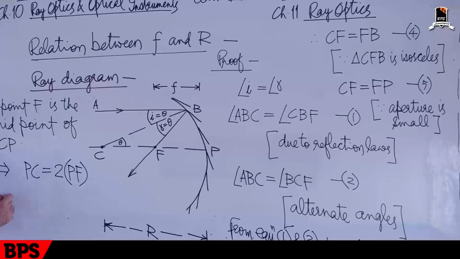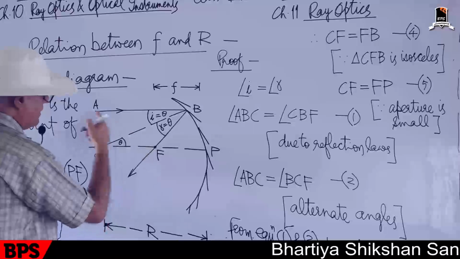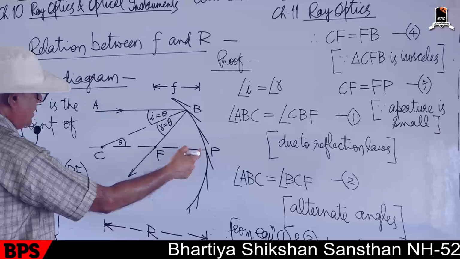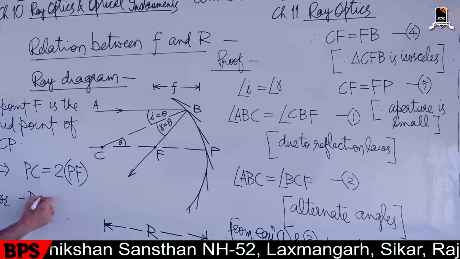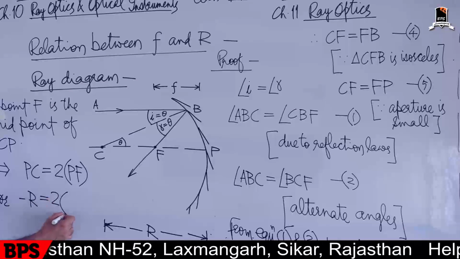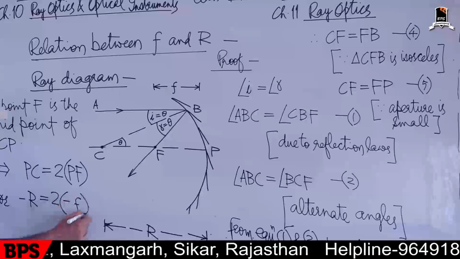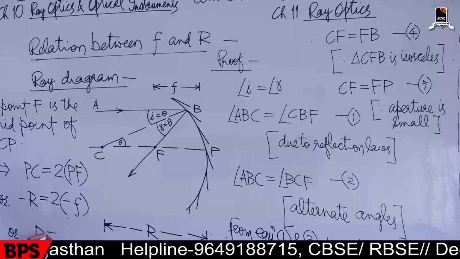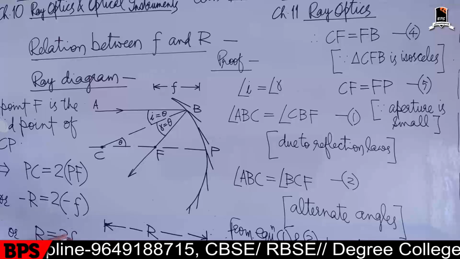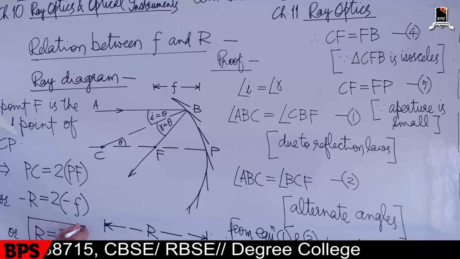Put the values with the signs. Since we are going against the incident ray direction, this is minus R equal to twice of minus F. Minus cancels out, and the proof of this relation is R is equal to 2F.